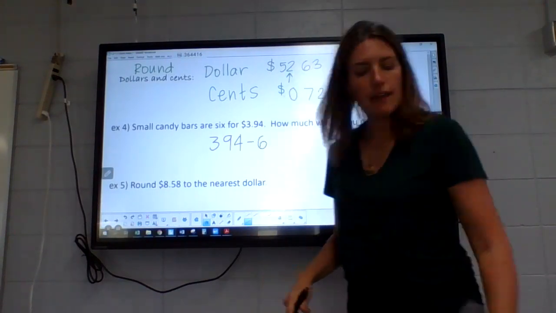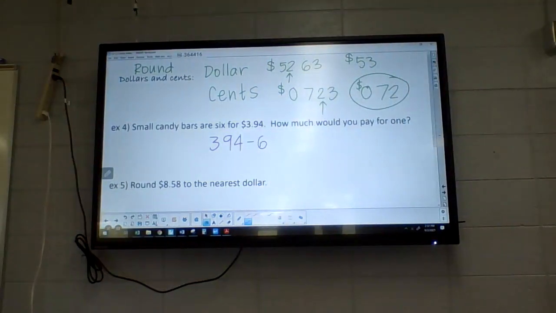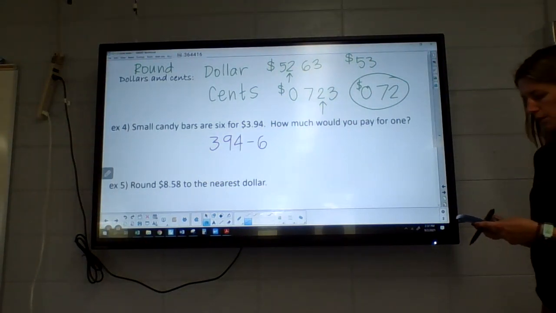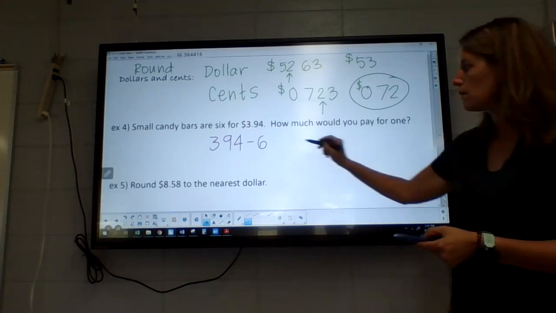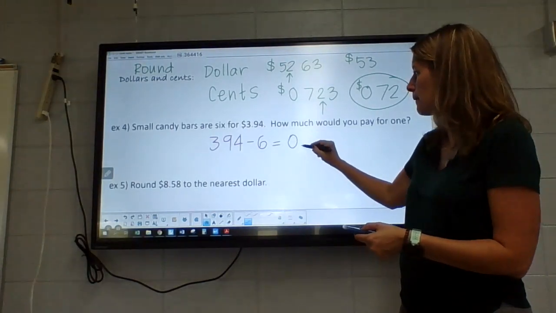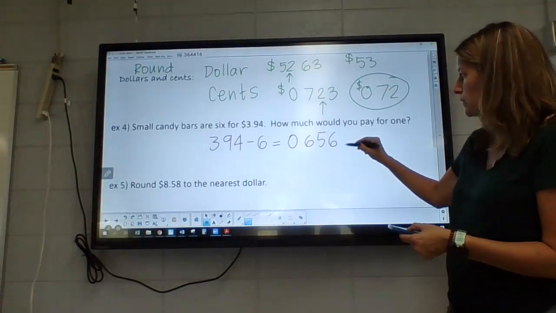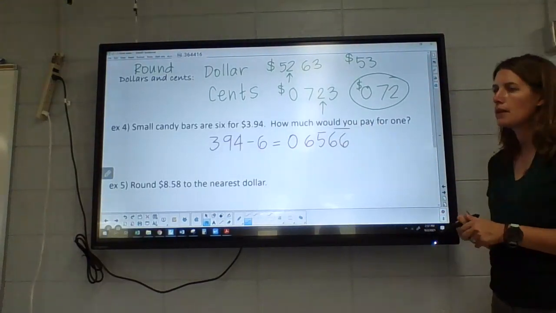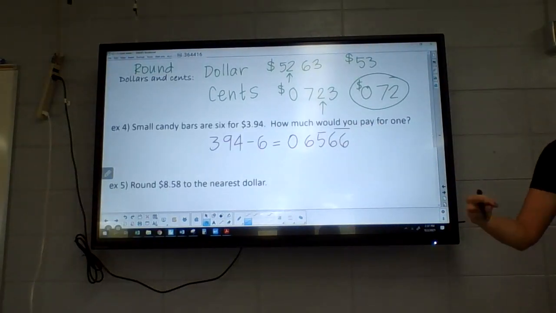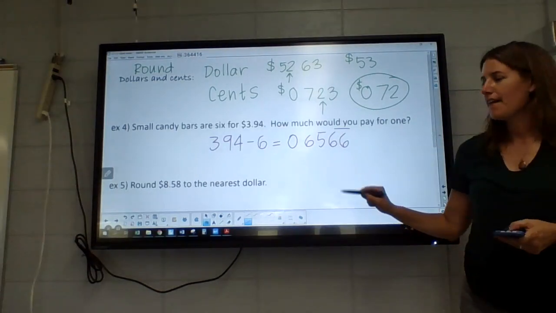And now when you divide that, you get 0.656. Yeah, you get a repeating decimal, right? The 6's keep repeating. Now, do you just keep handing them parts of coins? No. So it's constantly small and small and small.